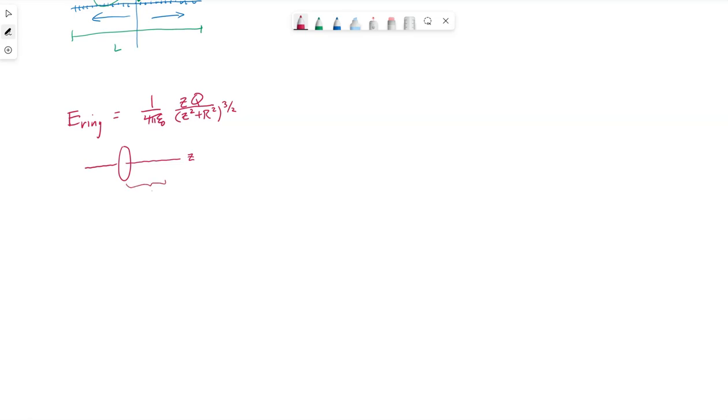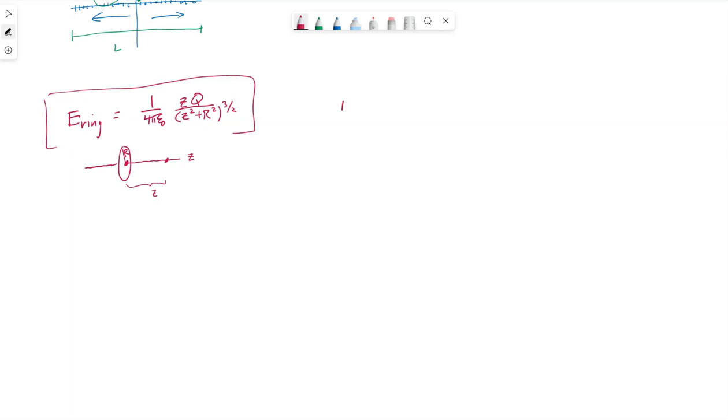Z is always measured. It's the distance from the center to whatever point you're trying to find the field at. Q is the total charge on the ring, and capital R is the radius of the ring itself. So the wire has to be bent into a nice circle.